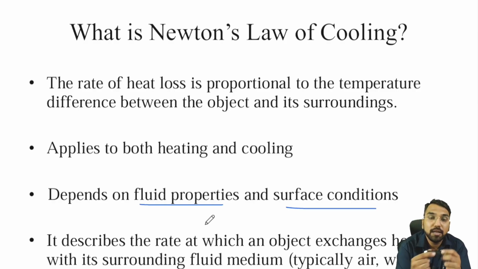As for surface condition, whether the surface is rough or well polished, surface roughness is an important parameter in convection heat transfer. Newton's law of cooling describes the rate at which an object exchanges heat with its surrounding fluid medium, such as air, water and so on. In practical engineering applications, we come across engine operation.